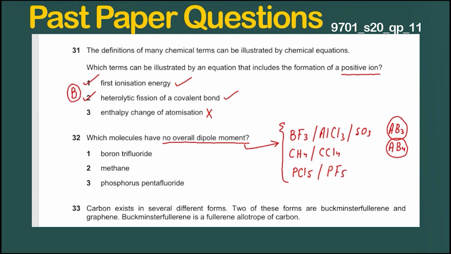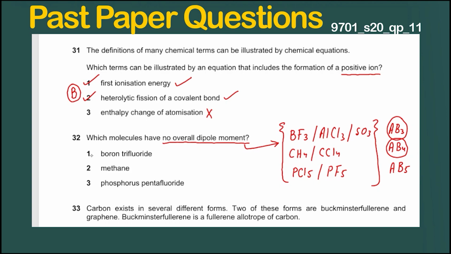So these are few common examples from AB3, AB4 and AB5 molecules. They are not having any lone pair or all the atoms are same at each side.